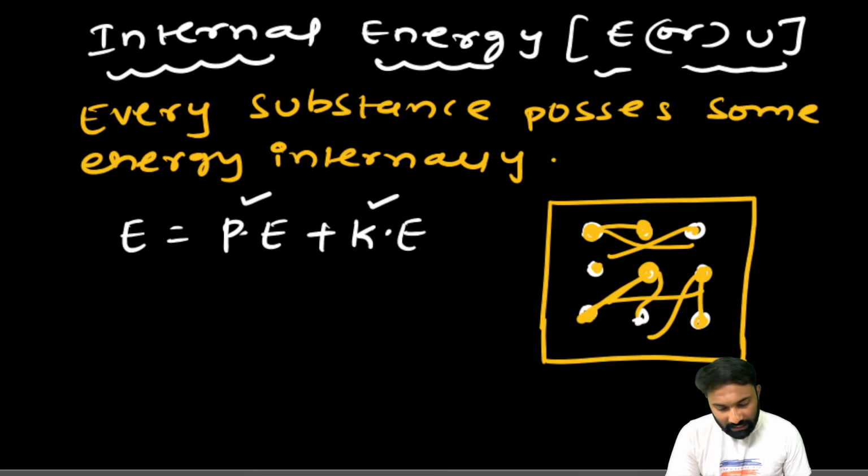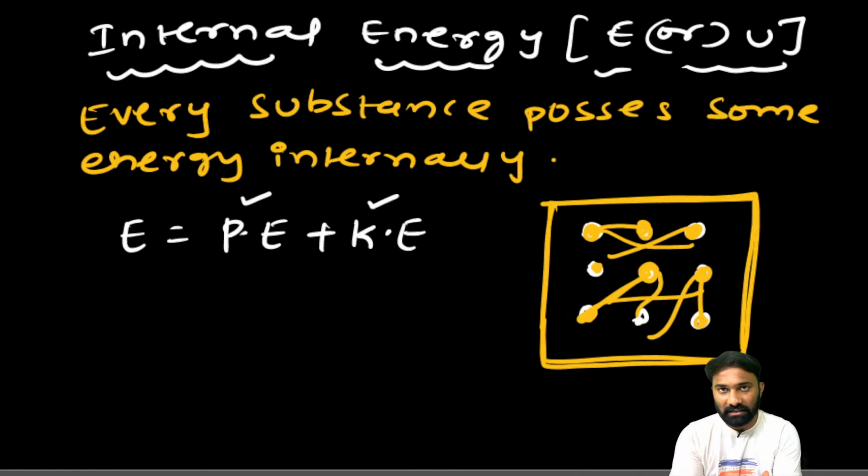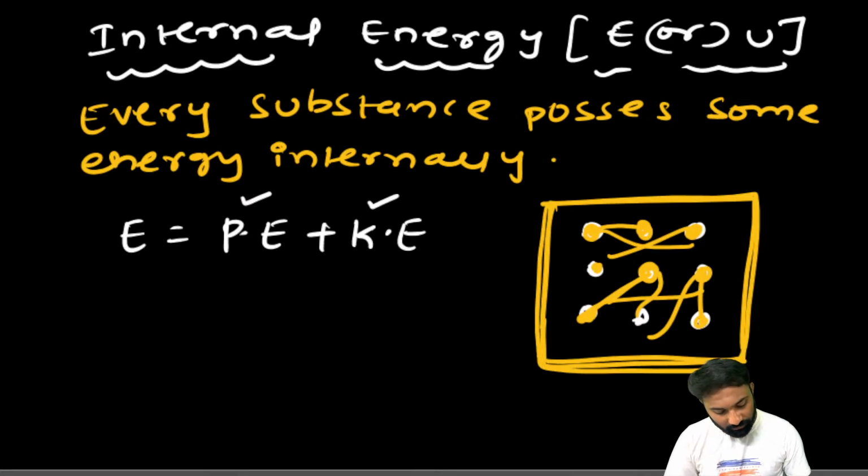Due to the attraction and the repulsion between the gas molecules, it is generating potential energy. Due to that potential energy, energy is released, and the energy of the system increases. Clear?